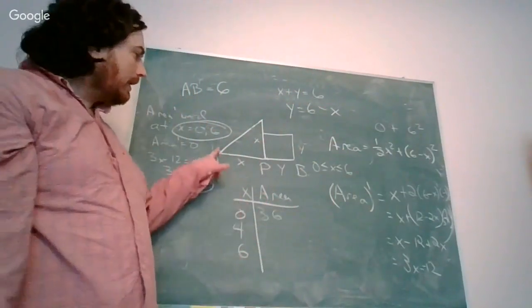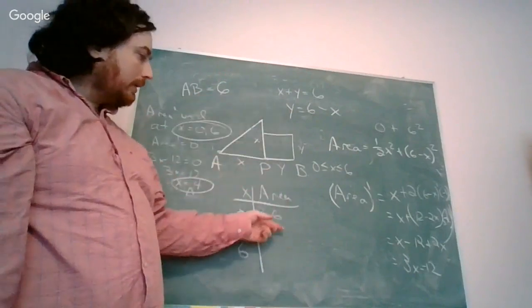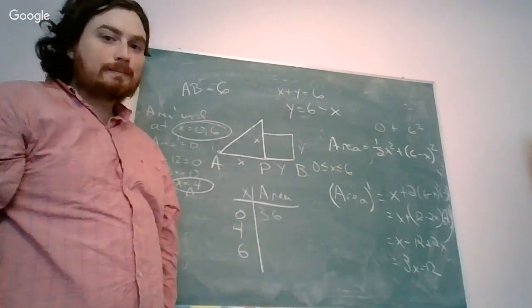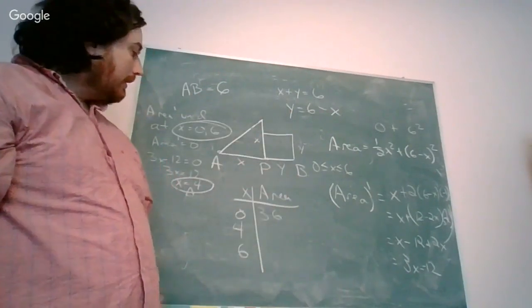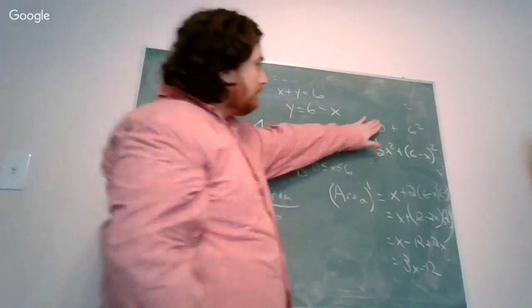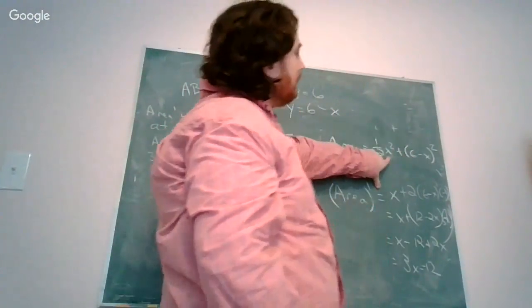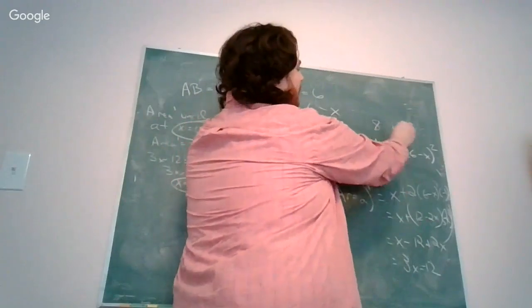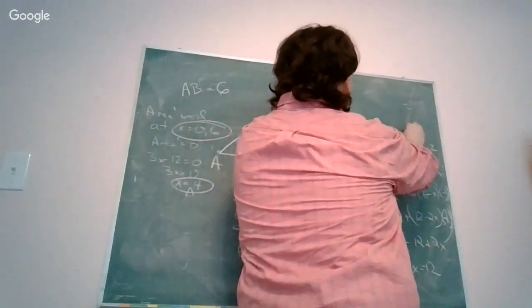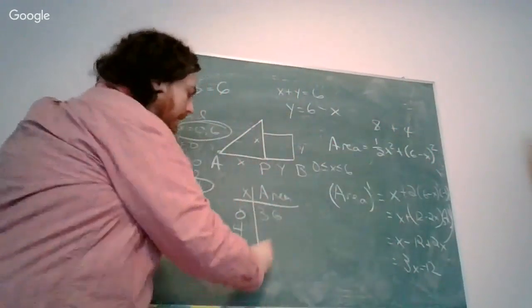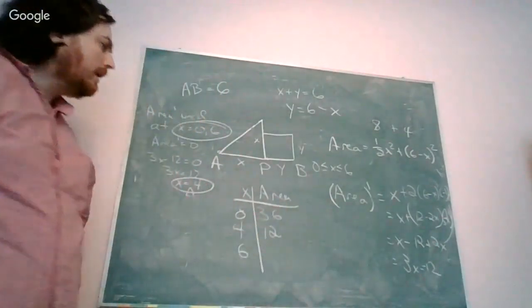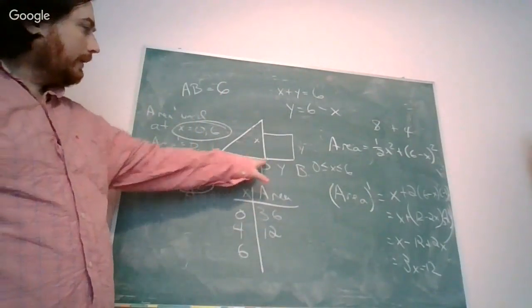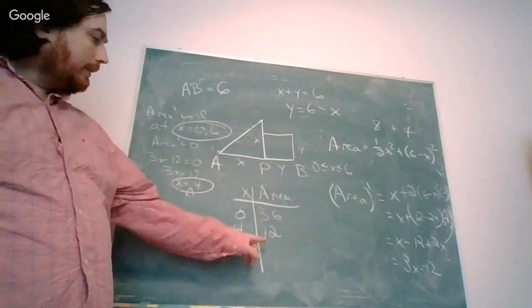That corresponds to having a square over the whole thing, which would give us a total area of 36. On the other hand, if we plug in 4, we get 4 squared is 16 times 1/2 is 8. 6 minus 4 is 2 squared is 4. So 8 plus 4 is 12. So if we place P 4 units away from A, then we'll end up with the total area of 12.